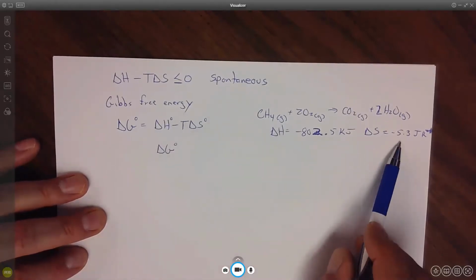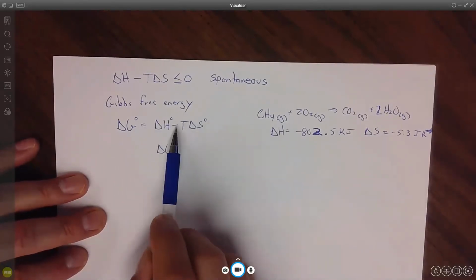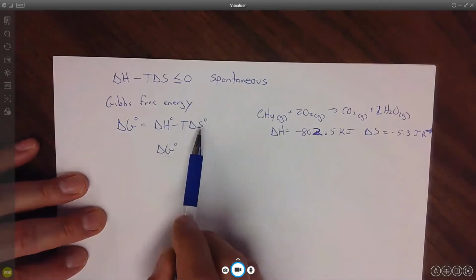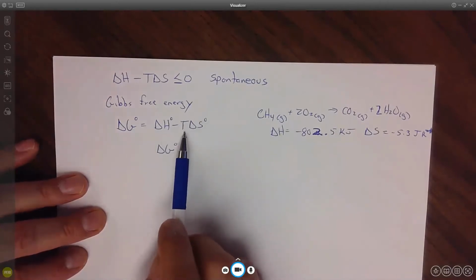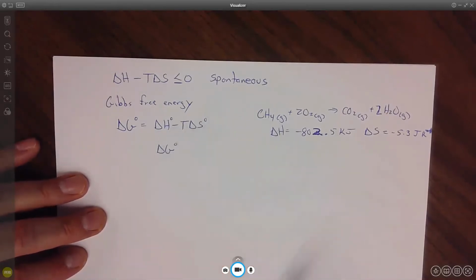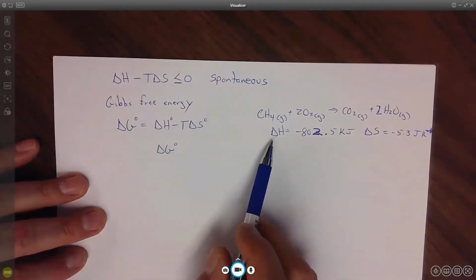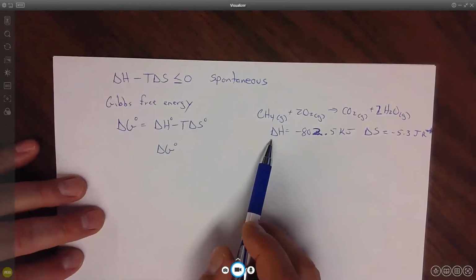But if this value is also negative, that means negative times negative is positive. This is a positive term. So at some really high temperature, this positive term is going to dominate and the reaction won't be spontaneous anymore. So for example, methane won't burn on the surface of the sun. It's too hot, which I know sounds weird, but that's the reality of it.